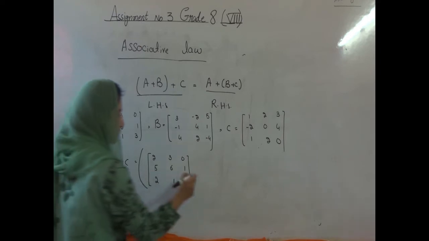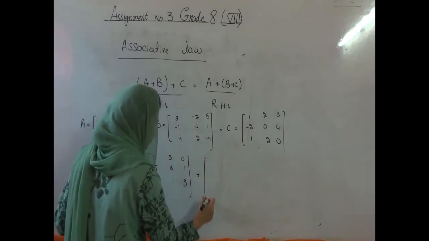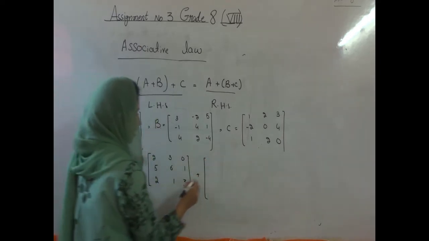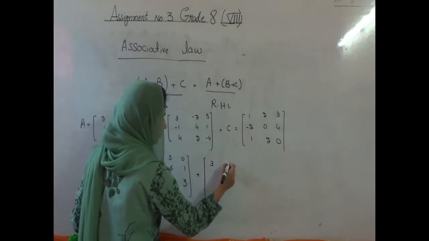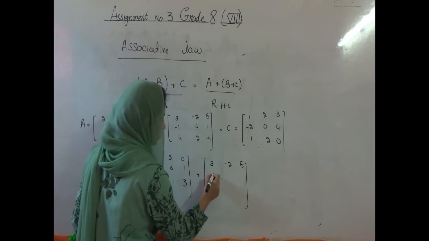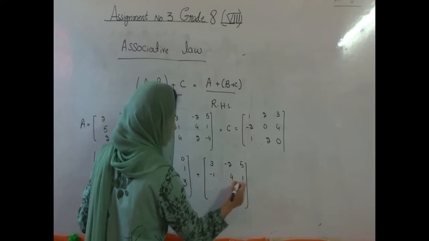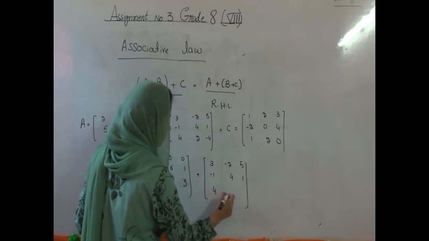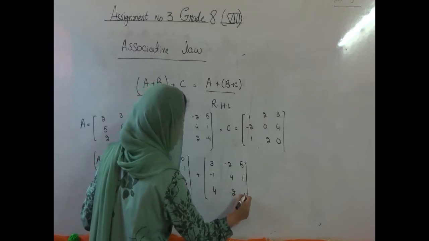Then write down the matrix B: 3, minus 2, 5, minus 1, 4, 1, 4, 2 and minus 4.